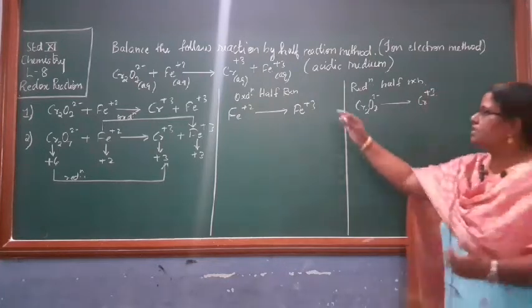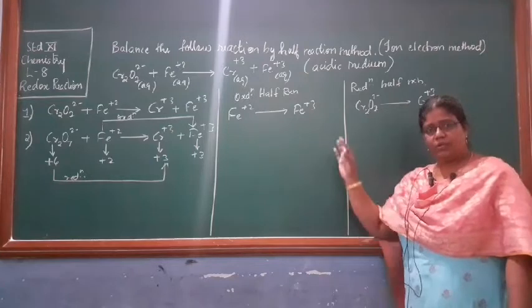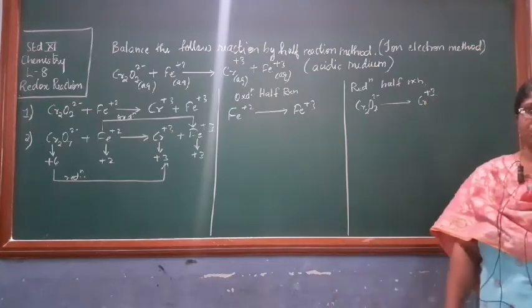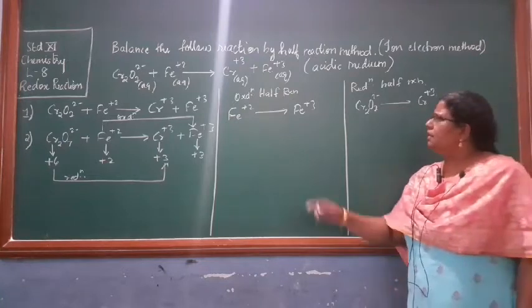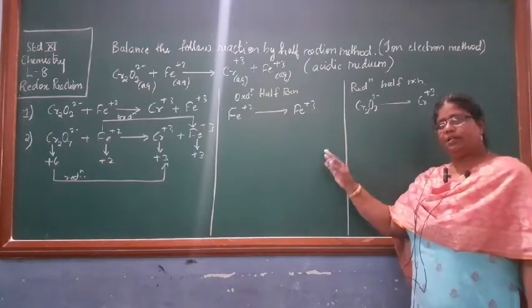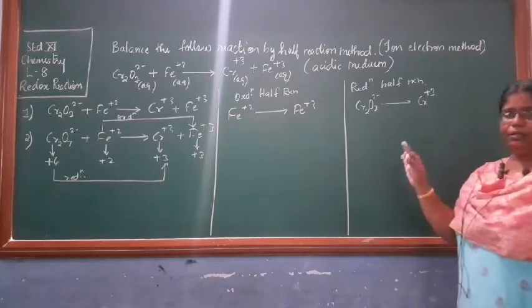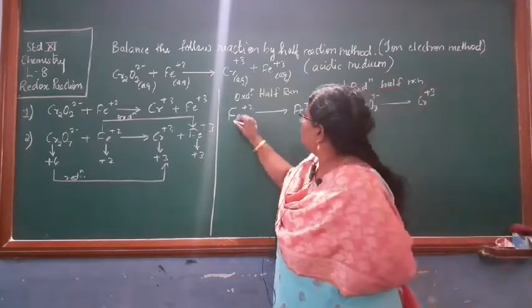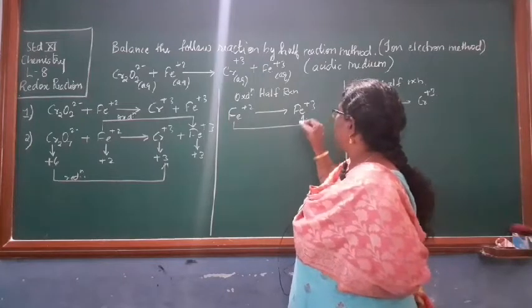In your book, it is given one after the other, that is first the oxidation half reaction is balanced and then the reduction half reaction is balanced and then combine. We will separate it in this manner and do it separately, so it will be easier for us. Now, what is the change in oxidation number you observe?